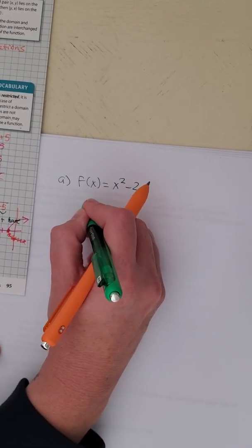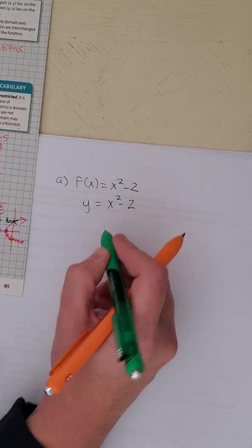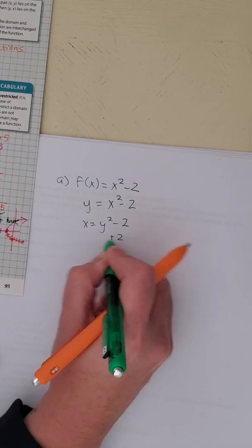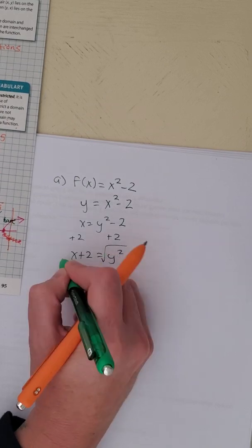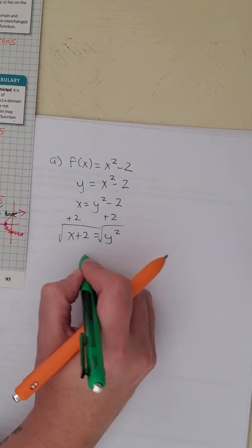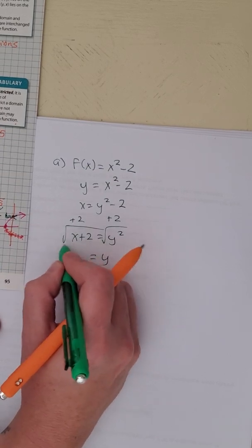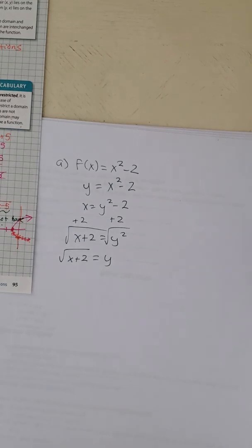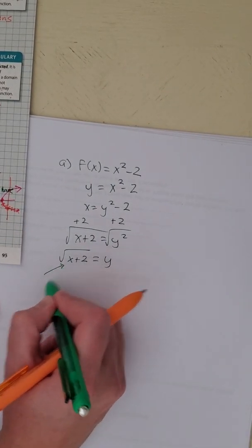To find the inverse, we rewrite it with x and y, switch our x with our y, and solve for y. To do that we square root both sides, and we get y equals, now remember, we said we'll only take the positive root, so don't worry about plus minus. And then we need to look at the restrictions on this domain.